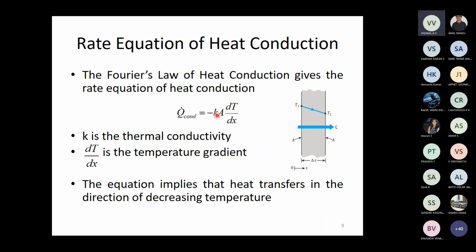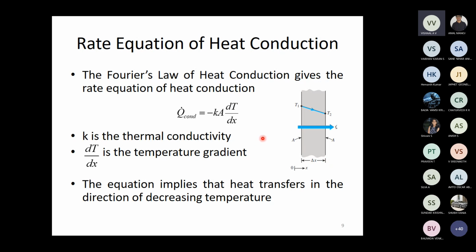Then it also depends on A, the area available for heat transfer, and it is also dependent on dT by dx. dT is the temperature difference, and dx is the incremental distance. So dT by dx is the thermal gradient, T1 minus T2 divided by delta X. How do you evaluate it?